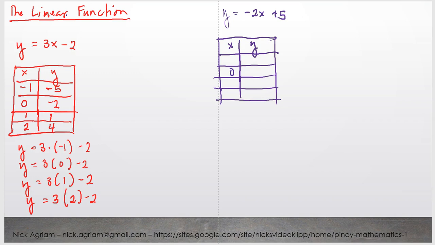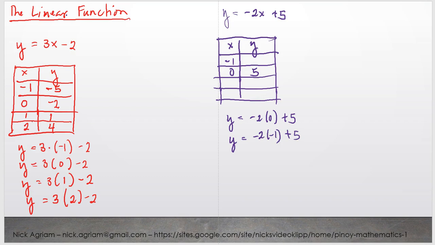So when x is 0, y is equal to negative 2 times 0 plus 5. Then I have 5. When x is equal to negative 1, y is equal to negative 2 times negative 1 plus 5. Then negative will be positive.